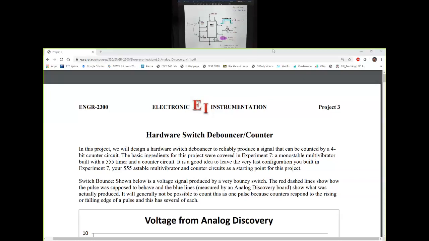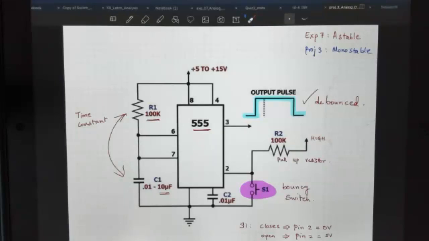So let's do this. So now are you able to see only the screen with the 555 timer based debouncer?